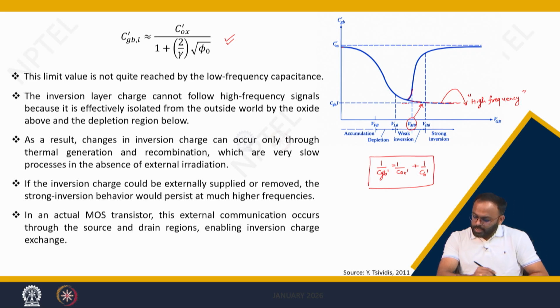But we will see in subsequent lectures that when this 2 terminal MOS will become a part of MOSFET, then this dotted line can go up, because we will connect the inversion layer with an external environment.